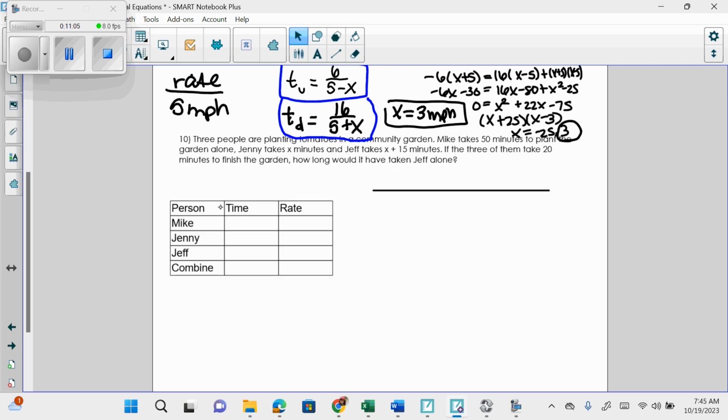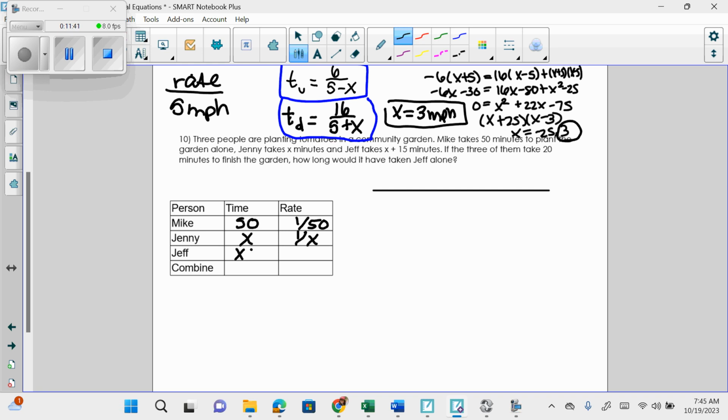So 3 people are planting tomatoes. We have Mike, Jenny, and Jeff. I know that it takes Mike 50 minutes to plant a garden alone, which means the rate at which he plants a garden is 1 every 50 minutes. Jenny takes x minutes, so the rate at which Jenny can plant a garden is 1 every x minutes.